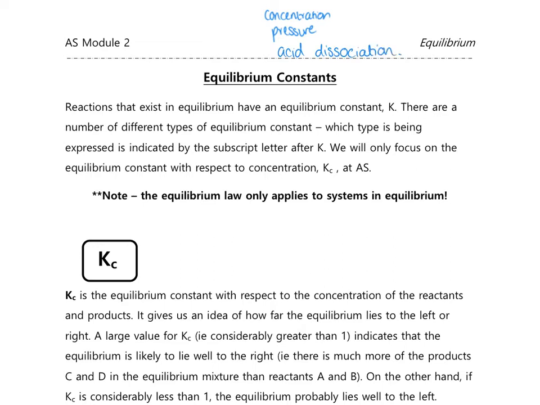So there's plenty of equilibrium constants, but we're just going to look at Kc this year, which is the equilibrium constant with respect to concentration. And actually at this stage in AS, all you need to be able to do is write an expression for Kc for a particular reaction or equation, and be able to work out the units that Kc would have. You actually don't need to be able to work out a mathematical value.